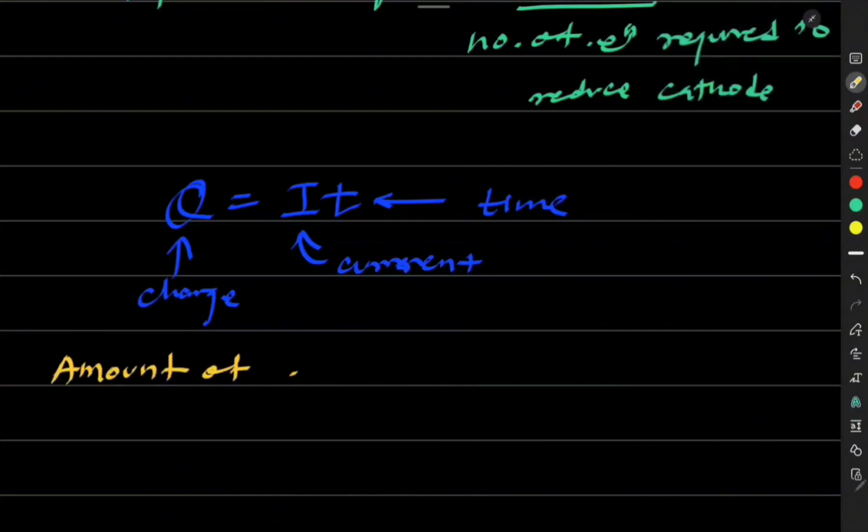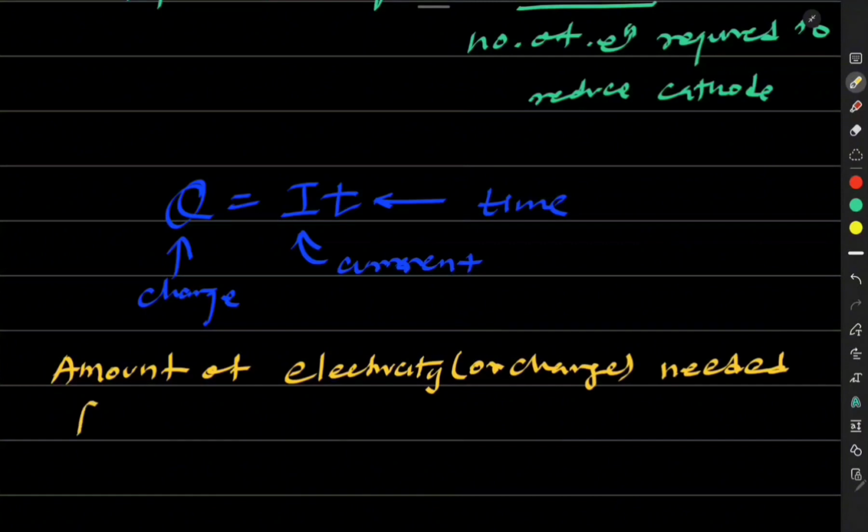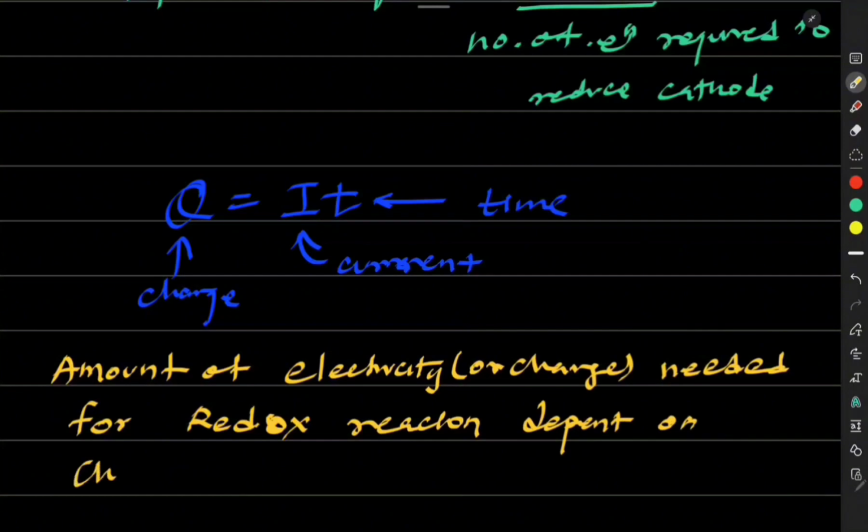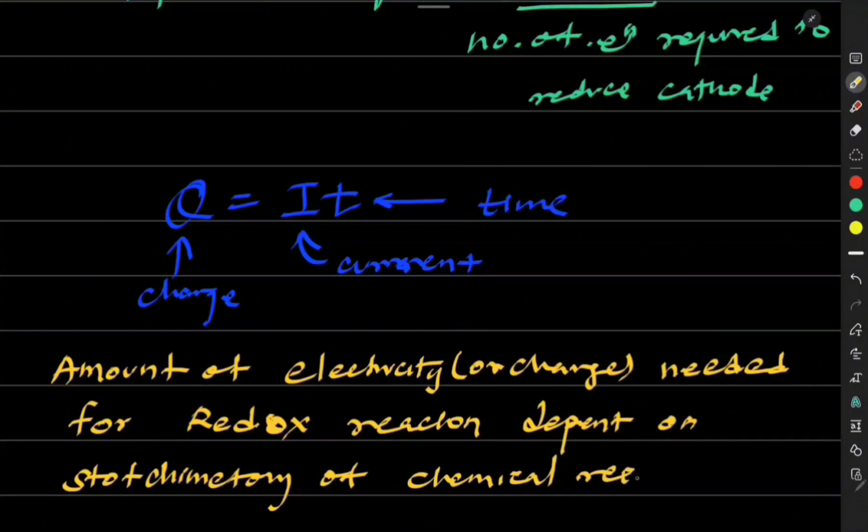The amount of electricity, or we can take it as charge, needed for redox, oxidation or reduction reactions, depends on the stoichiometry of the chemical reaction.